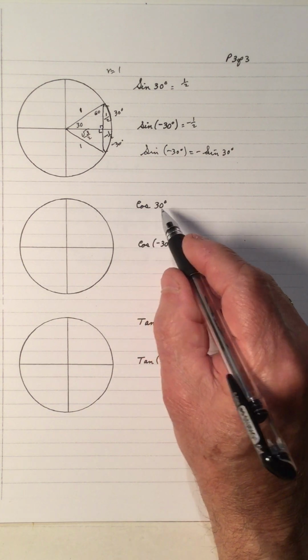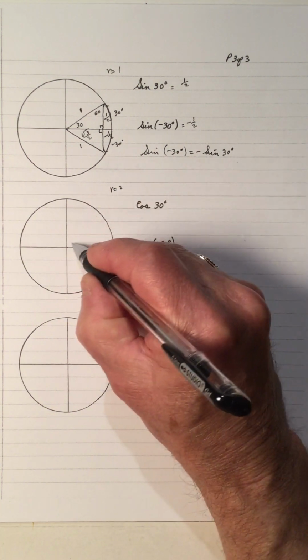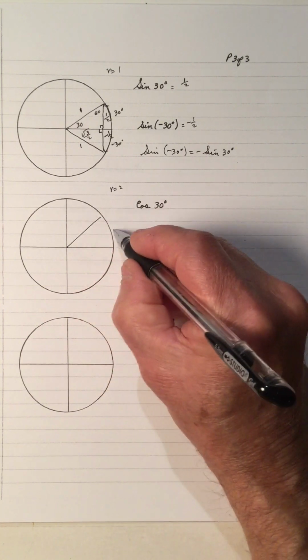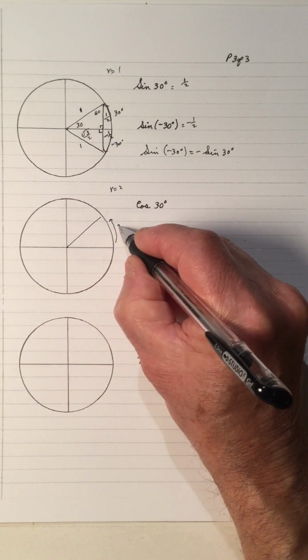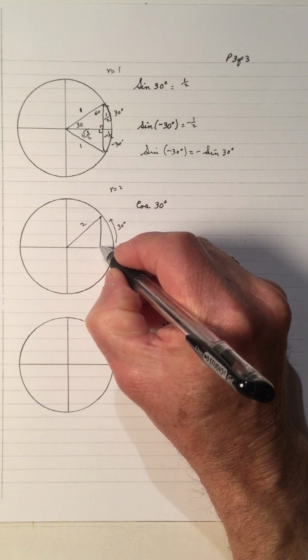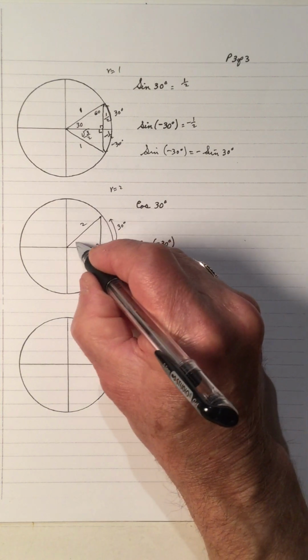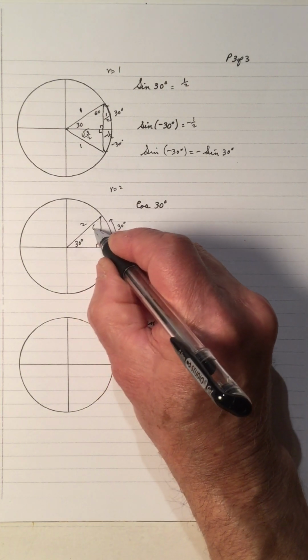And what about the cos? But this time I'm going to draw the radius of the circle to be 2. So let's do 30 here, and the radius is 2. Drop a perpendicular. We have a 30-degree rotation, so the central angle is 30, so this is 60.